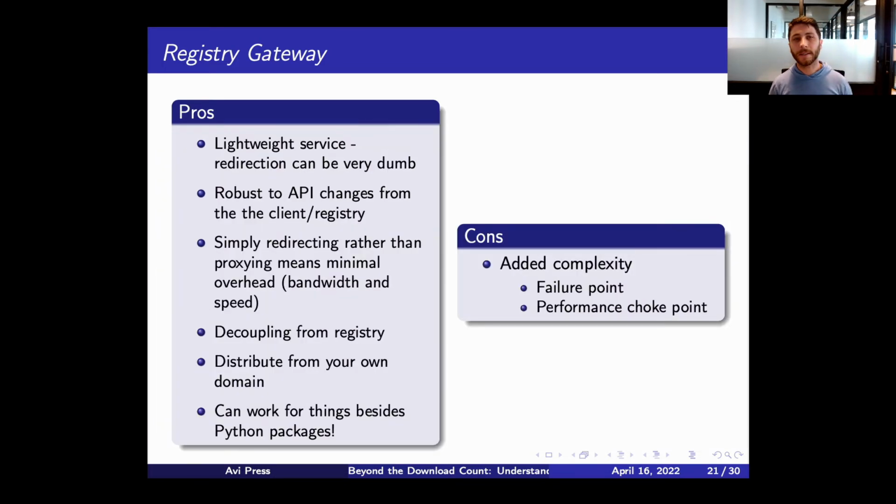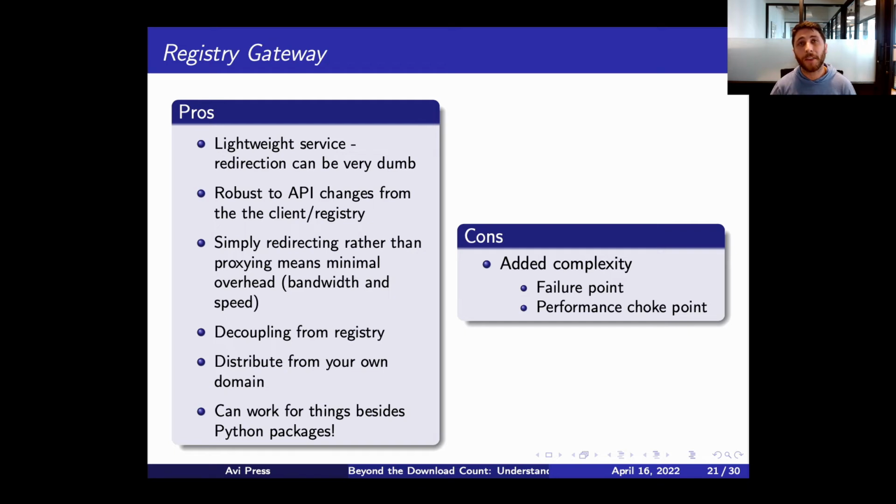This has a lot of pros, in the sense that the gateway itself can be a very lightweight service. It can largely just redirect and be very dumb. If the registry changes its API, the gateway can be fairly robust to that because it's largely just passing data through. It doesn't really have to understand the API behind it.